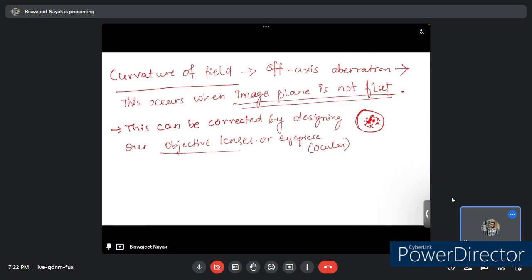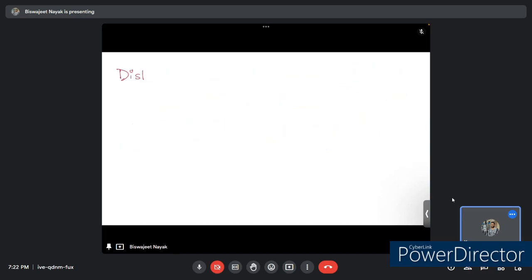Then the last one is distortion. This causes the focus position of the object image to shift laterally. As we have seen, this can be in the horizontal plane or vertical plane.